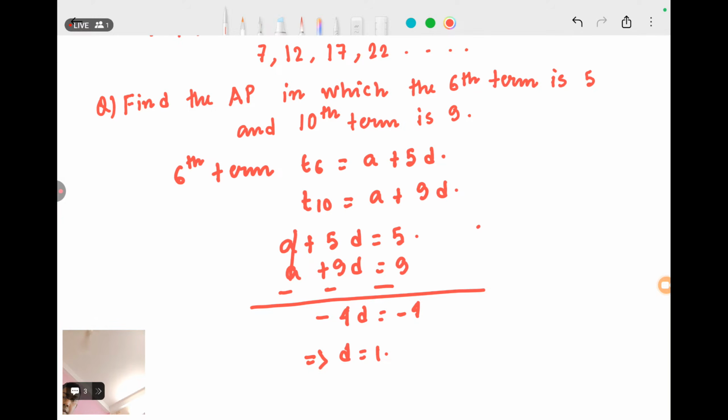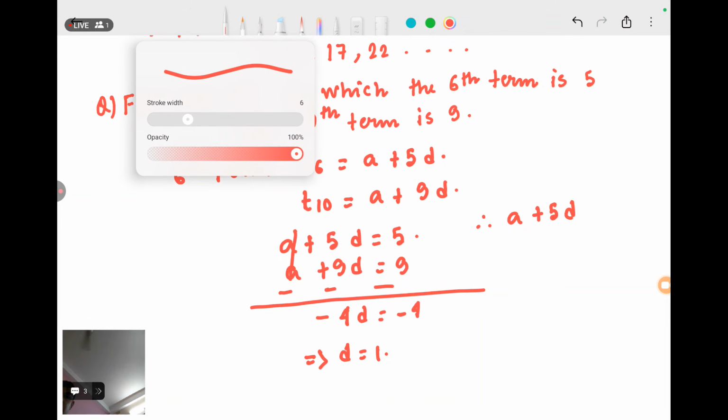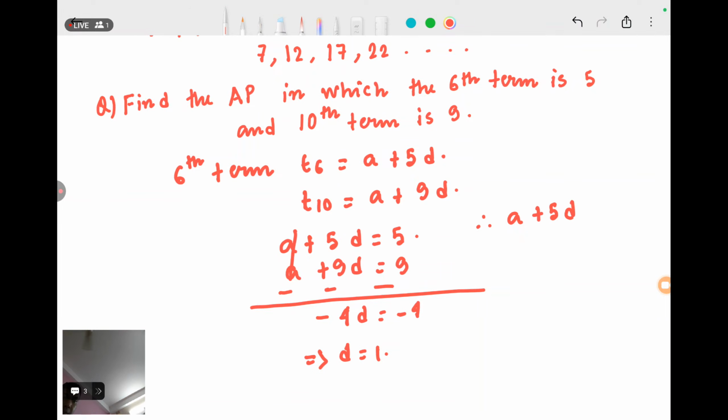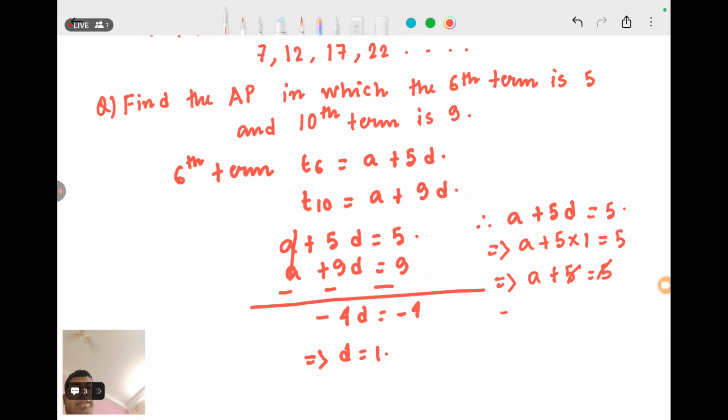Therefore A plus 5D is equal to 5, so A plus 5 into 1 is equal to 5. Therefore A plus 5 is equal to 5. Therefore A is equal to 0.